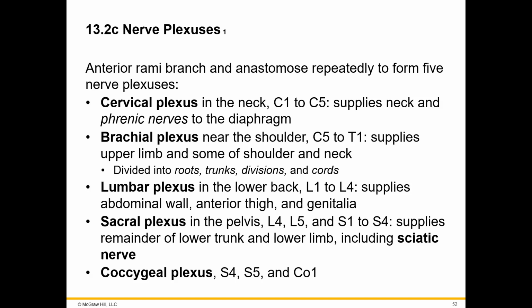It supplies the abdominal wall, the anterior thigh, and the genitalia. Then there's the sacral plexus in the pelvis. It supplies the remainder of the lower trunk and lower limb, including the sciatic nerve. And lastly, you have the coccygeal plexus.